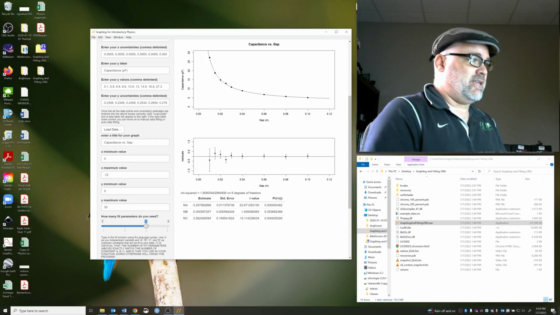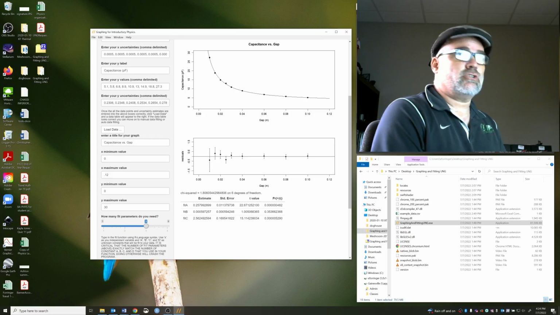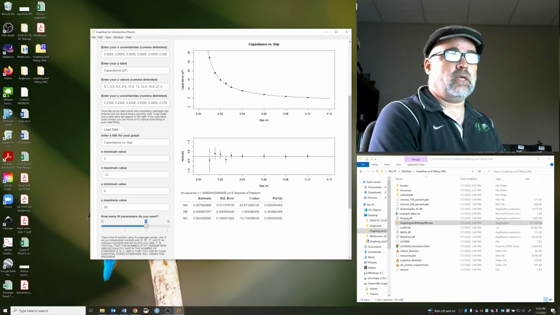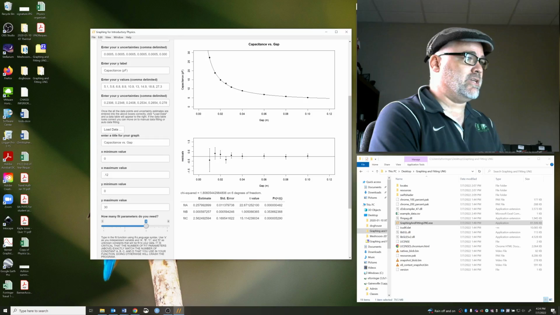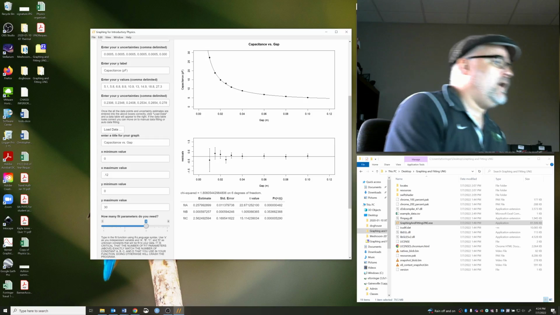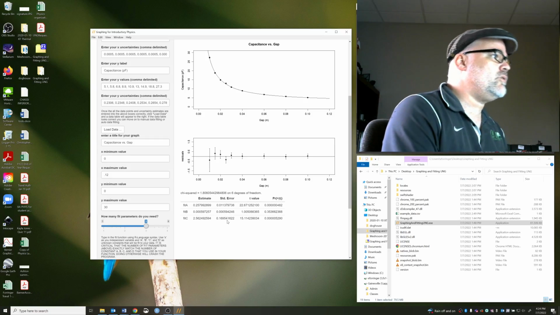We would expect that chi-squared to be closer to 6 if the data was truly random and we had correctly interpreted our uncertainties. Anyway, so let's go a little bit further.